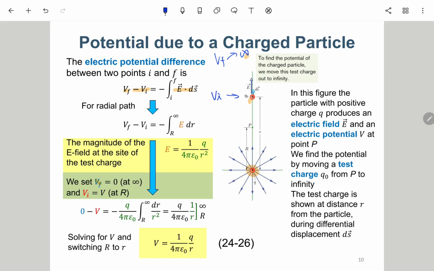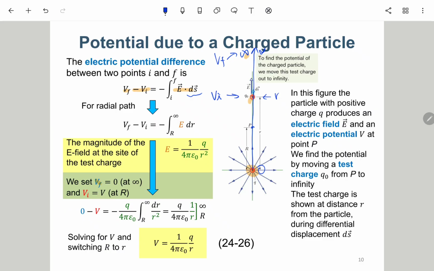Here we consider the axis. This is the r axis. This is the 0 point. This is infinity. And this is R. Actually, let me reconsider.